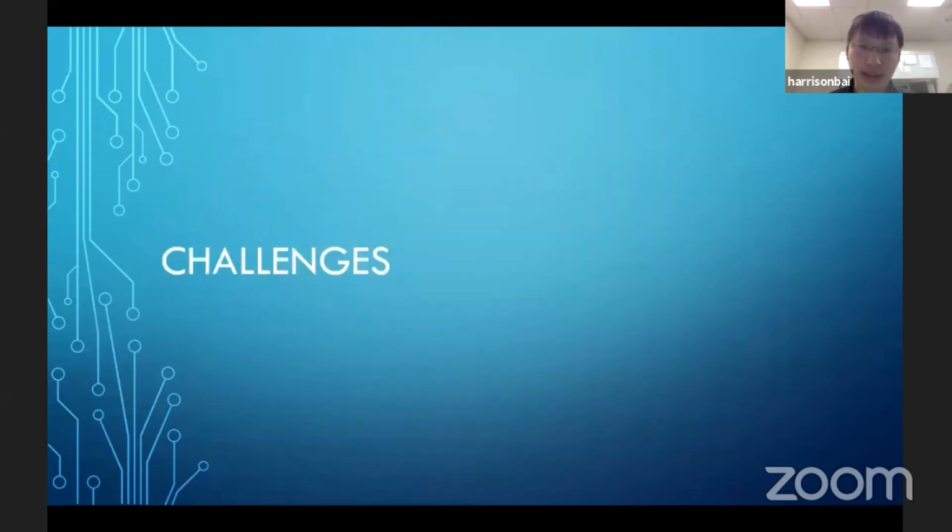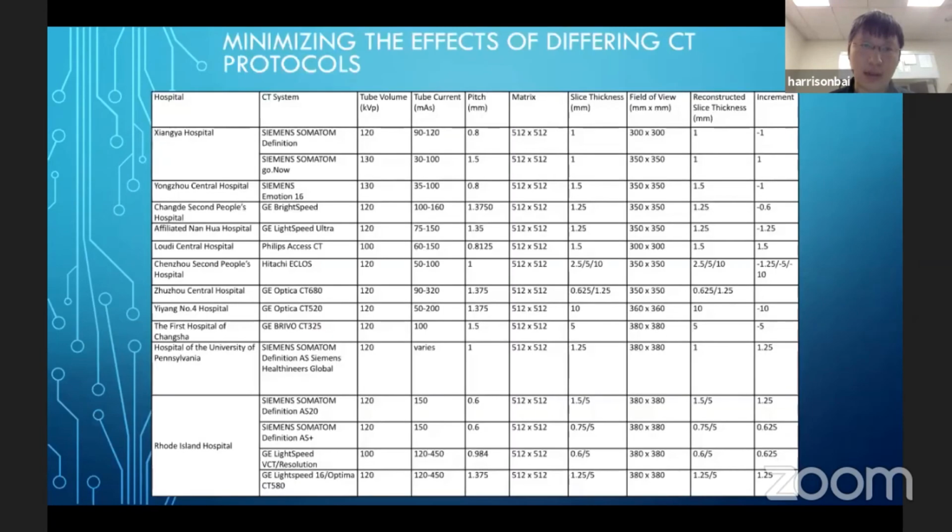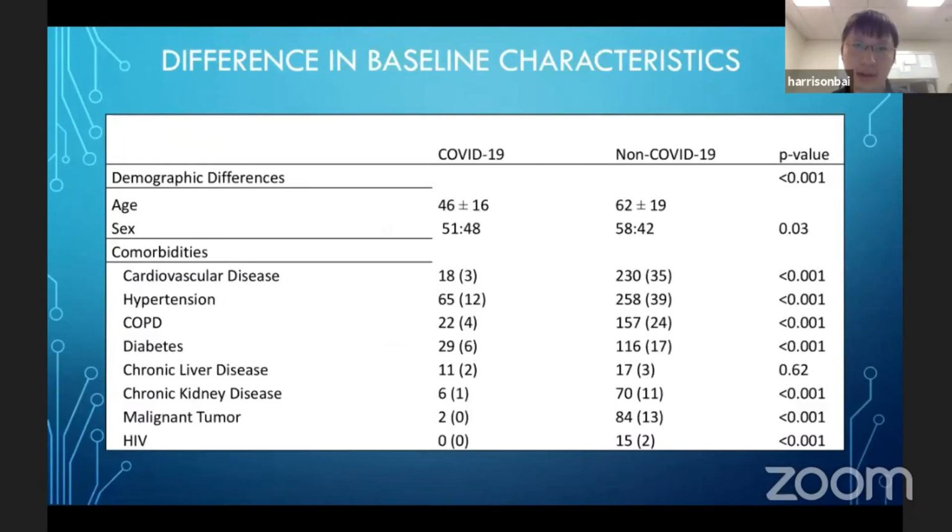So there are a lot of challenges with our study. Basically, since we are getting scans from a lot of different hospitals in China and the United States, every place has different scanners and different scanning protocols, and a major challenge is how to minimize the effects of the different CT protocols.